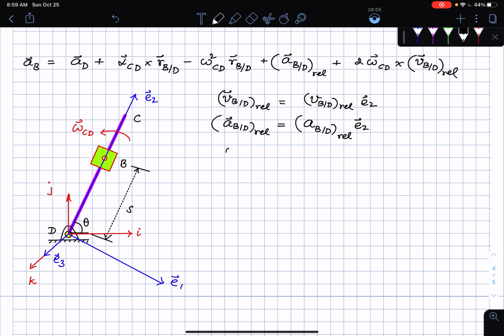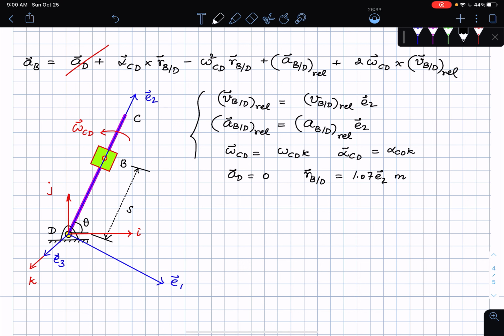We had assumed omega CD to be omega CD K. Alpha CD was alpha CD in the K direction. Those are things that I already know. And then acceleration of D was equal to 0, so that's the only term I can cancel off here. RB slash D was going to be 1.07 E2 meters.